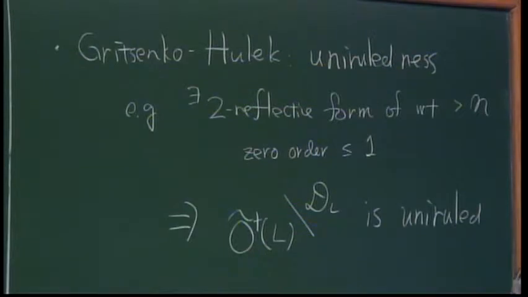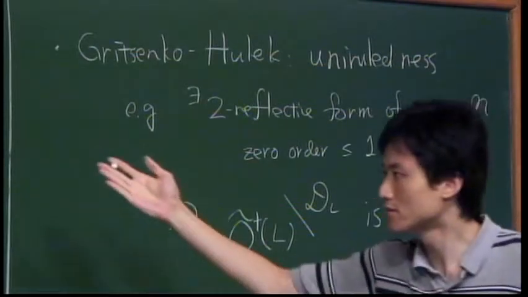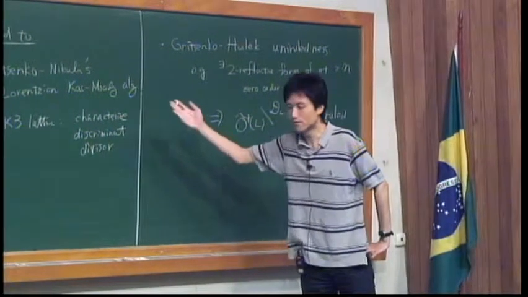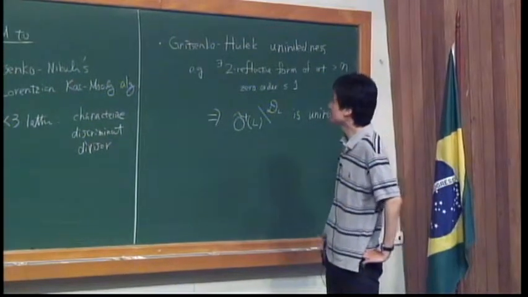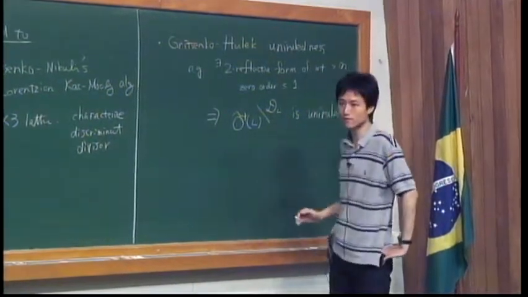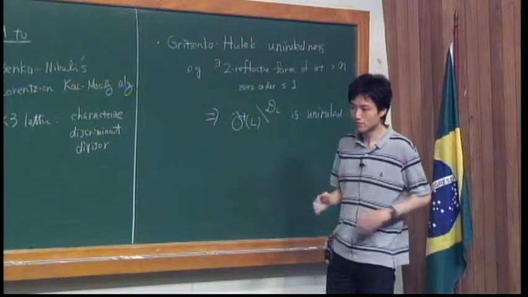So as I understand, Lorentzian construction of generalized Kac–Moody algebras or uniruledness of the corresponding modular variety.